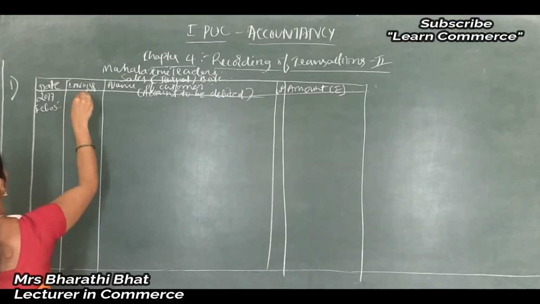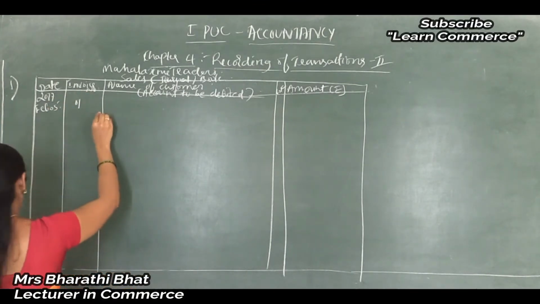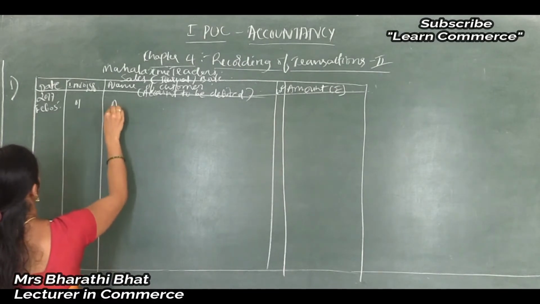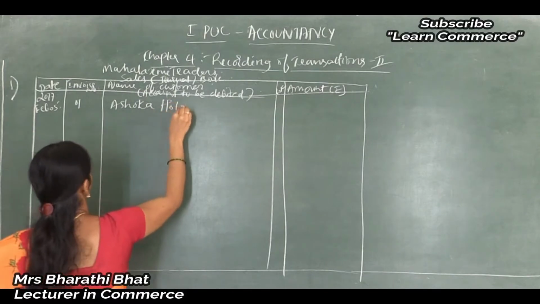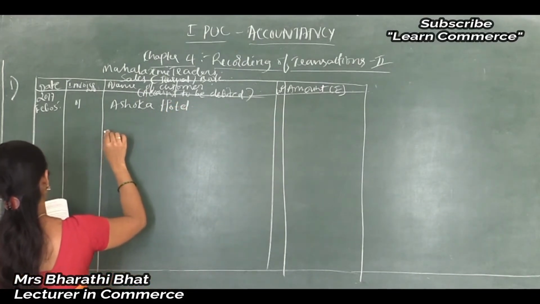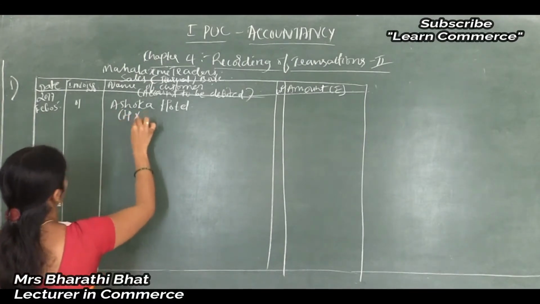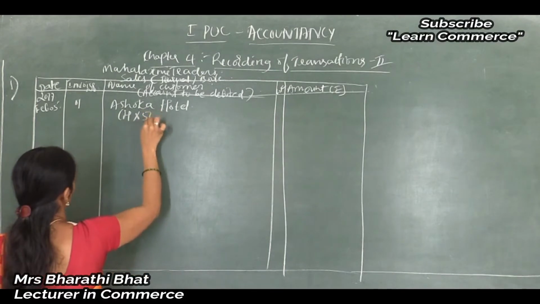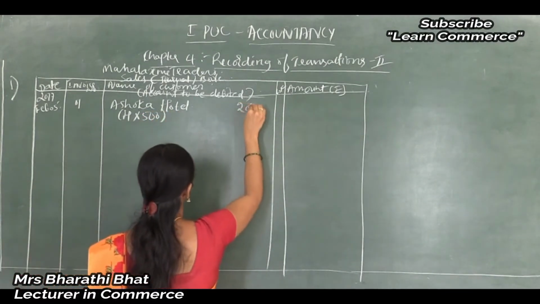and there is no invoice number, so just a serial number, Ashoka Hotel. In brackets we write that Ashoka Hotel purchased 4 bags of wheat flour at rupees 500. So 5 into 4, 2000.